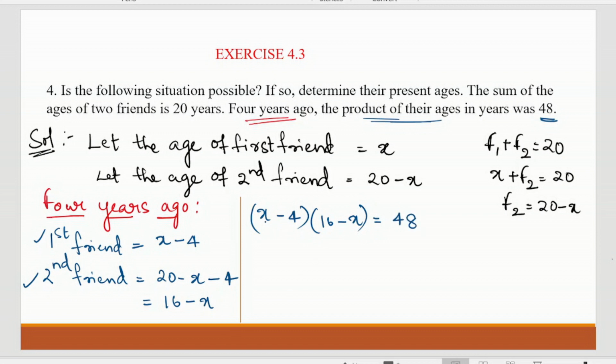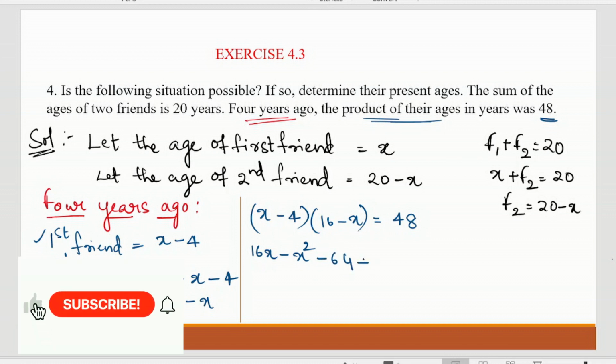Okay. Now multiply them. Multiply X minus 4 and 16 minus X. You will get X into 16 is 16X. X into minus X is minus X square. Then multiply minus 4 with 16. You will get 16 4s are 64, so minus 64.